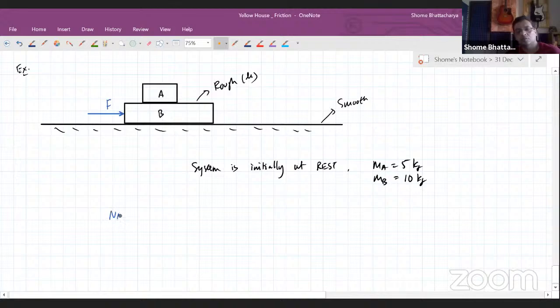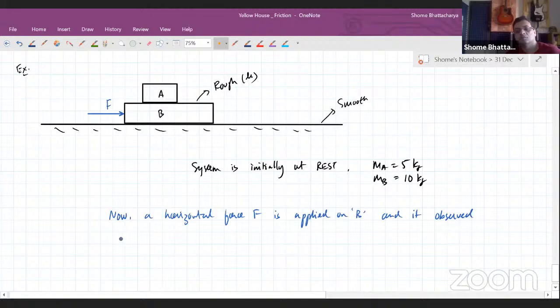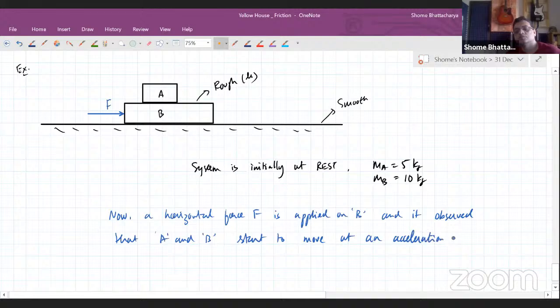So now a horizontal force F is applied on B, and it is observed that A and B start to move at an acceleration of 2 meters per second square.